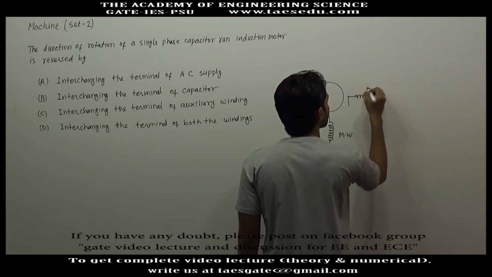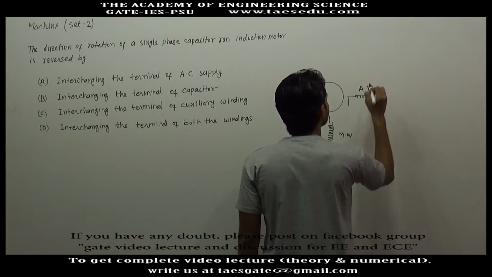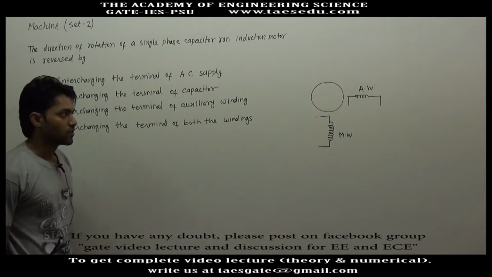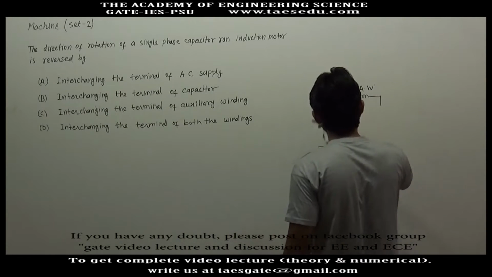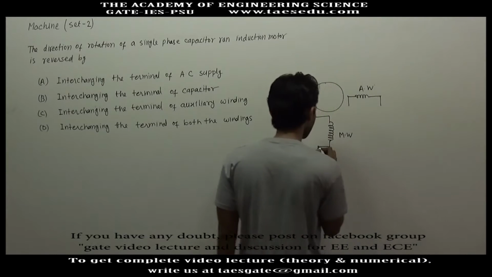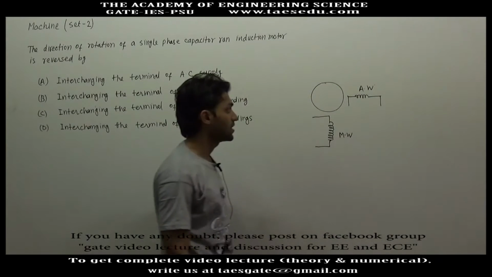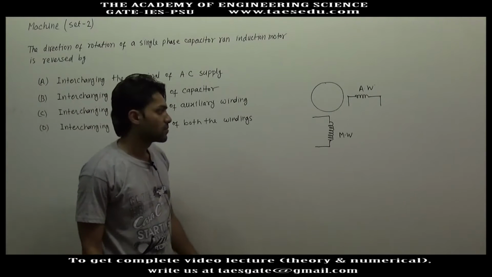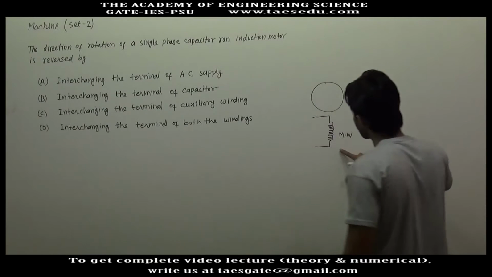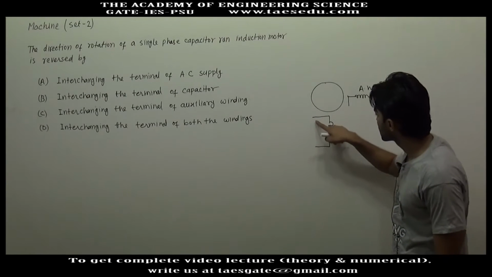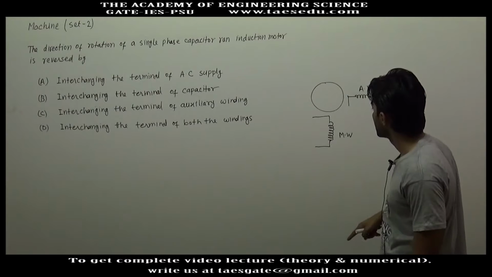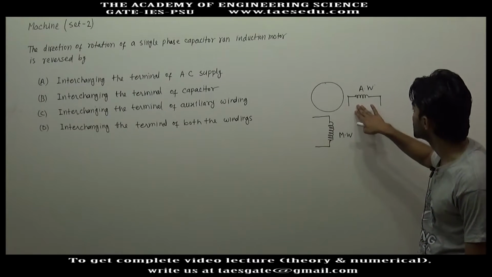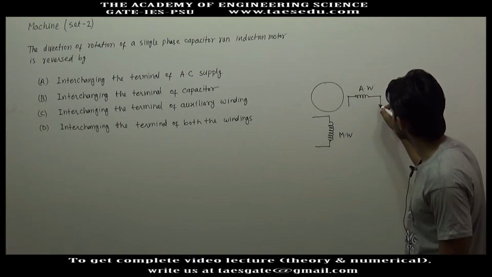In a capacitor induction motor, we have studied that the direction of rotation can be changed either by interchanging the connection of the main winding or by interchanging the connection of the auxiliary winding.